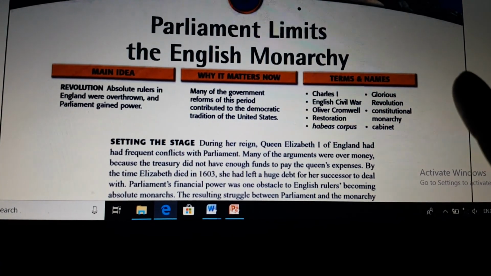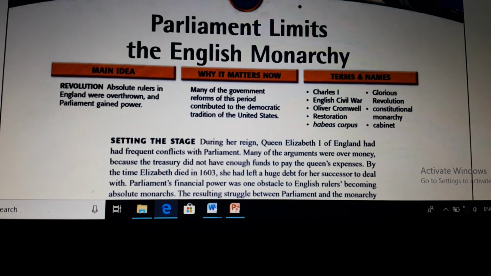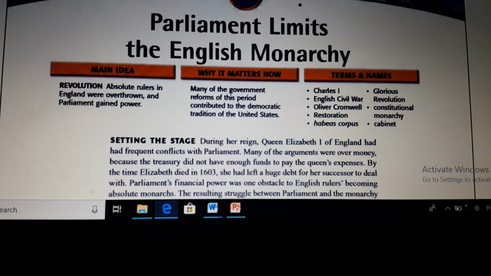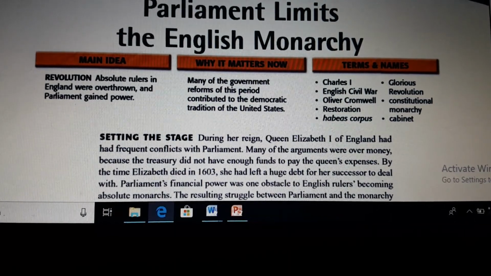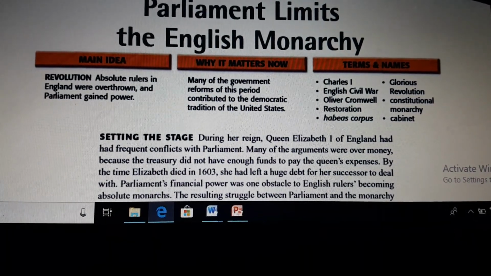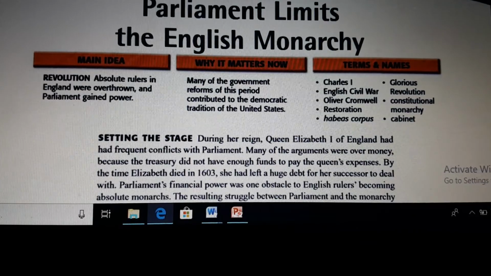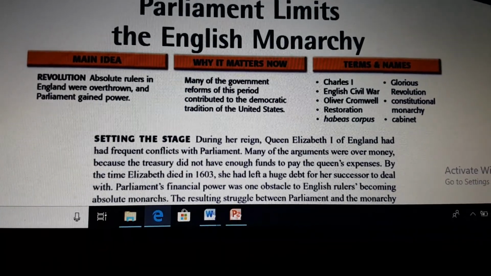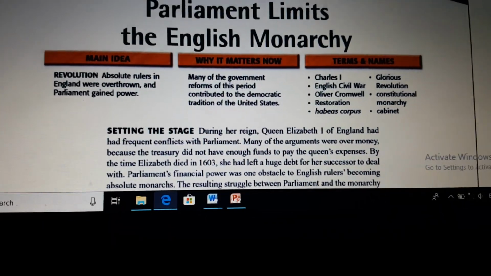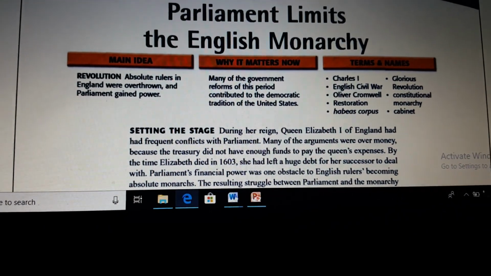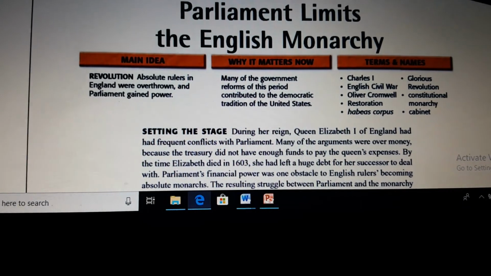Terms and names: Charles I, English Civil War, Oliver Cromwell, Restoration, Habeas Corpus, Glorious Revolution, Constitutional Monarchy, and Cabinet. Here is the beginning of the reading.